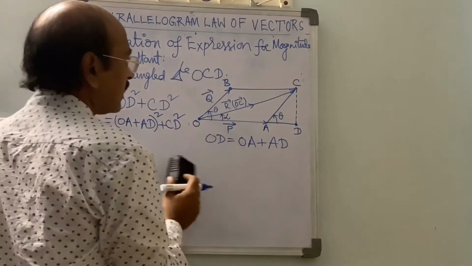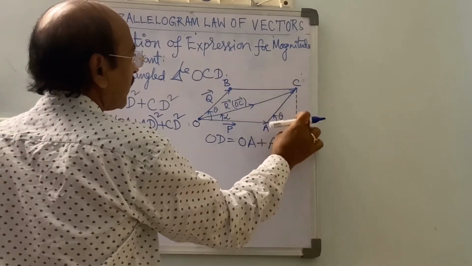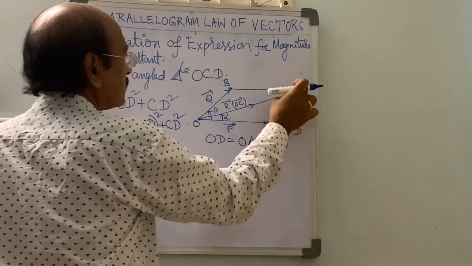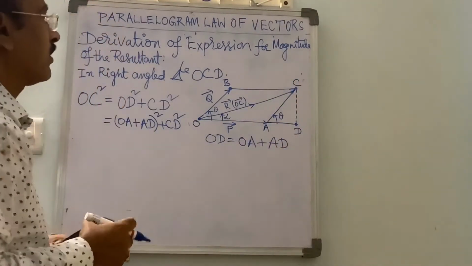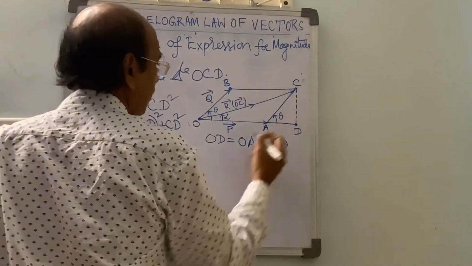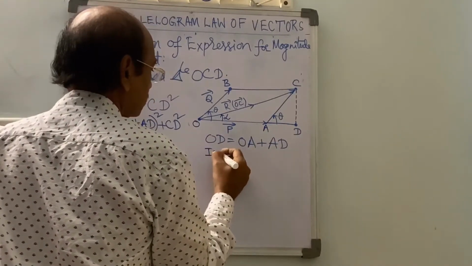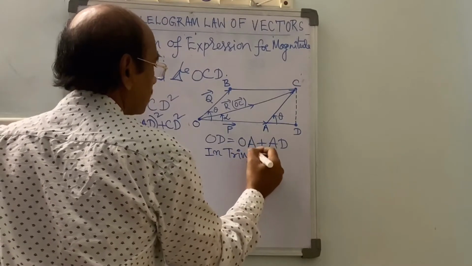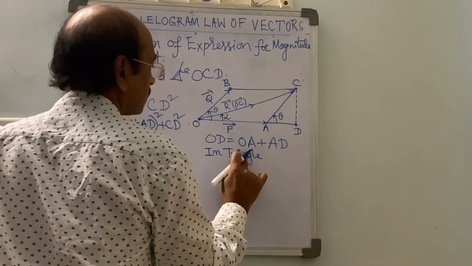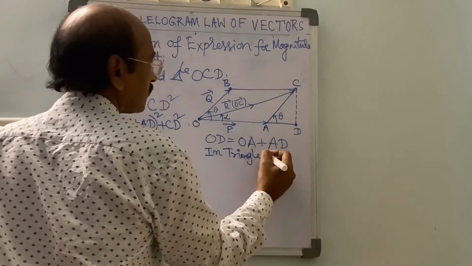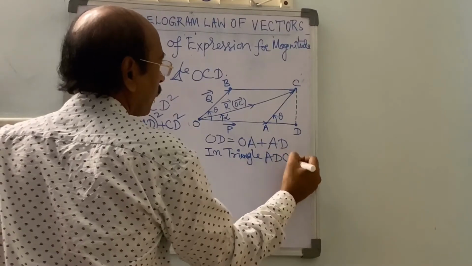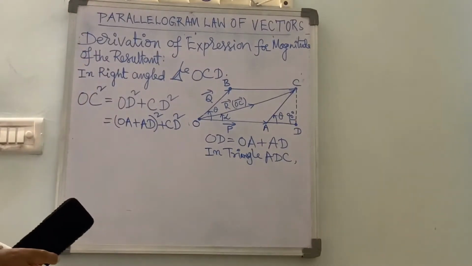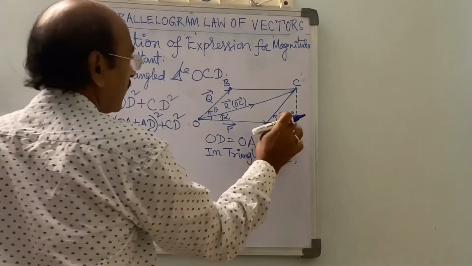Now we consider the small right angle triangle ADC. In triangle ADC, angle D is 90 degrees.